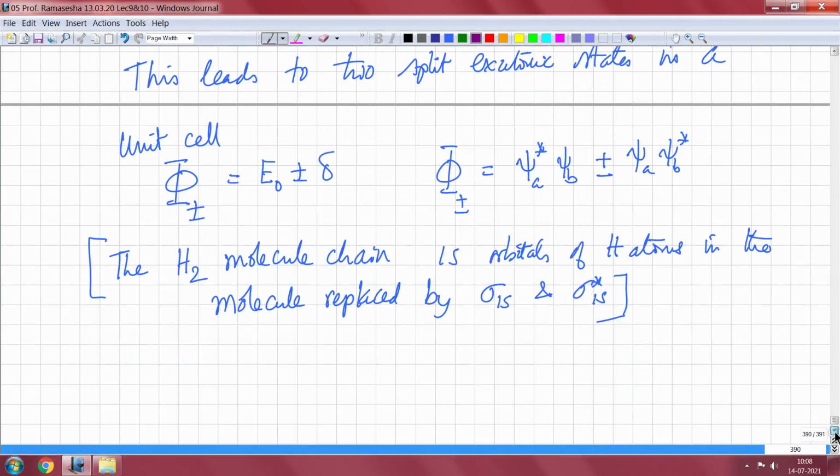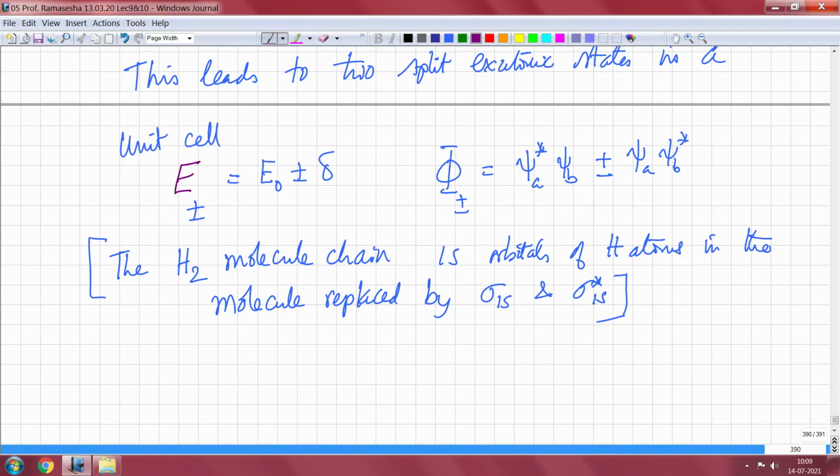The wave functions were just psi plus minus, and the energies E plus minus delta are given by E0 plus minus delta.